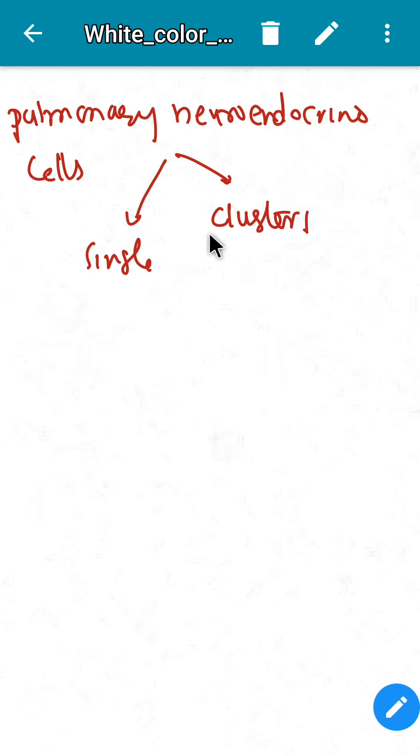This is about the functional anatomy. In the next lecture, we'll discuss the Clara cells and pulmonary neuroendocrine cells in detail.